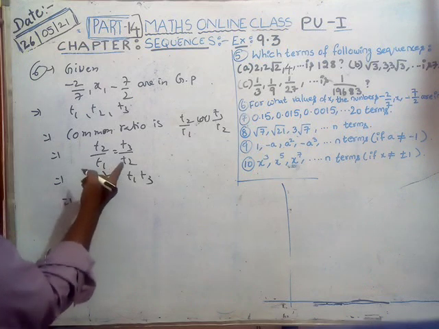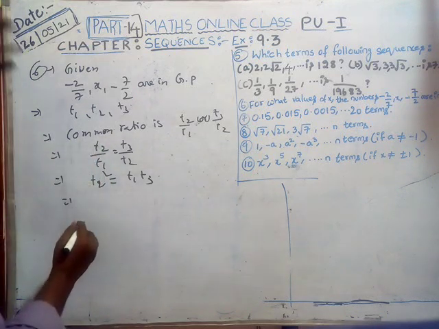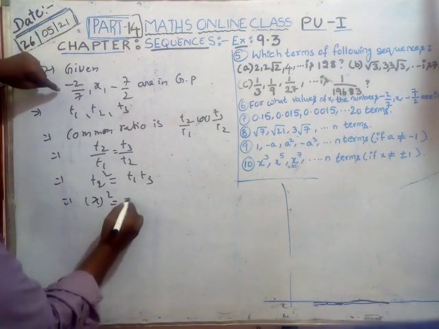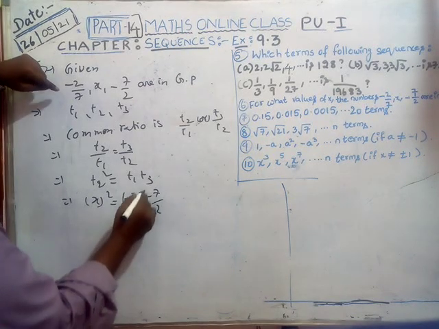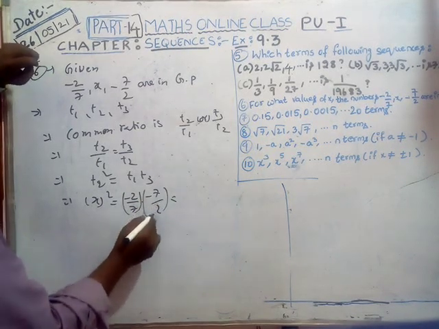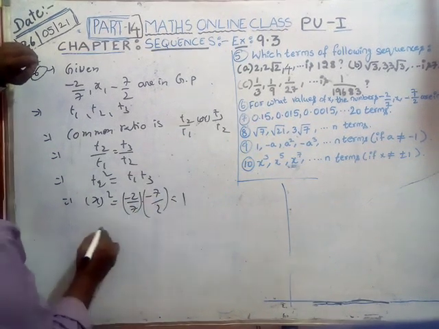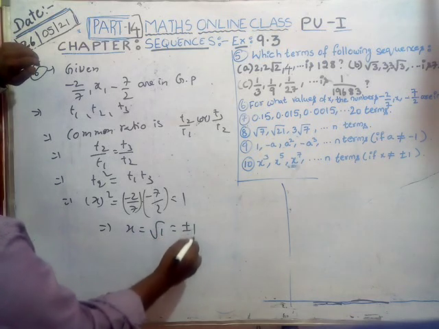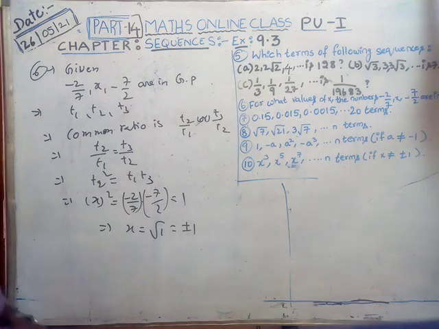What is T2 square here? It is a cross multiplication. x square is equal to minus 2 by 7 into minus 7 by 2. 2, 2, 7, 7 cancel, minus into minus is plus 1 only. So x is equal to root 1, that is plus or minus 1. So the x value is plus or minus 1.